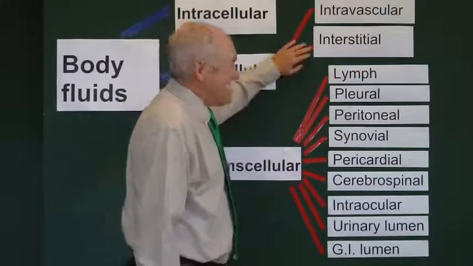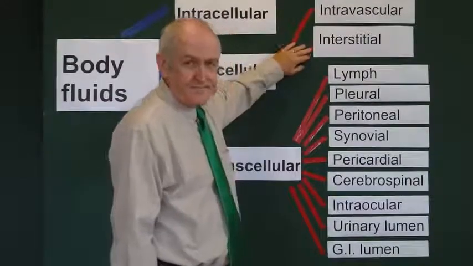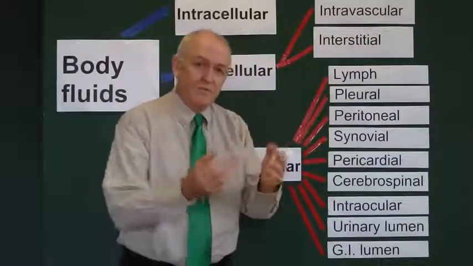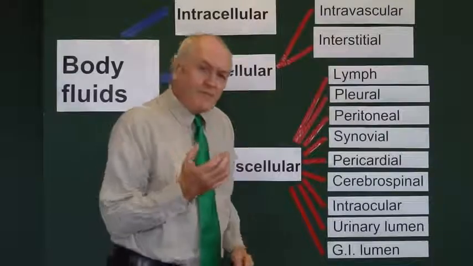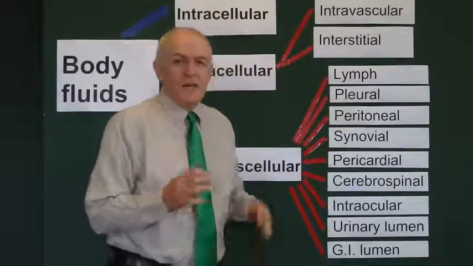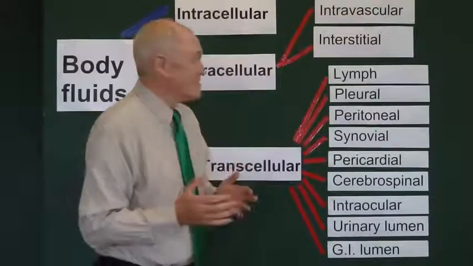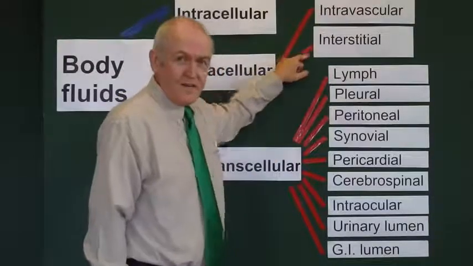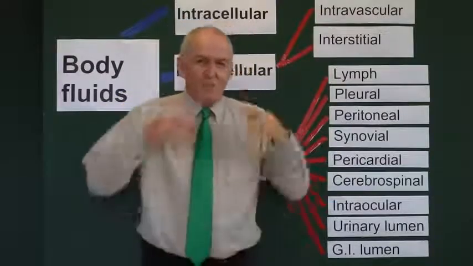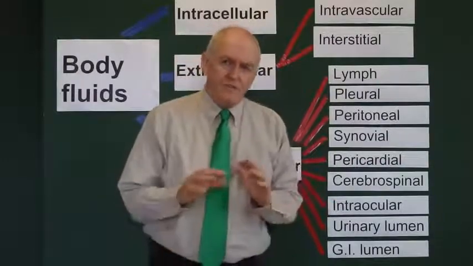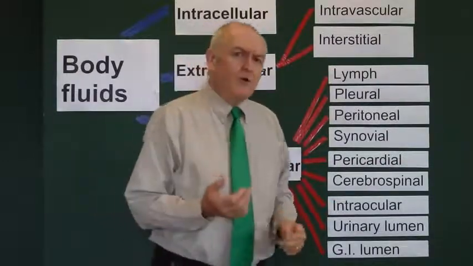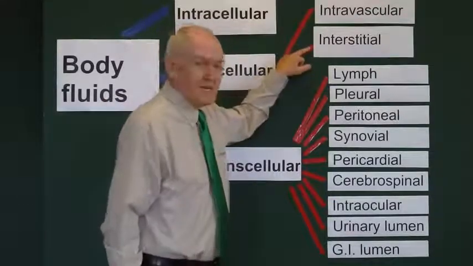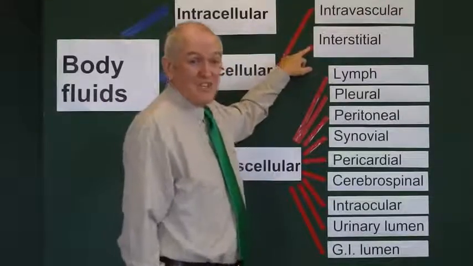But there's also the interstitial compartment. So the capillaries go through a tissue, the capillaries are going through a group of cells, and in between the cells in a tissue and in between the capillaries and the cells we have this interstitial compartment. And it's not really one compartment because it's all over the body. It's a remarkably complex shape, but we count it as one compartment. So the interstitial compartment will contain tissue fluid.